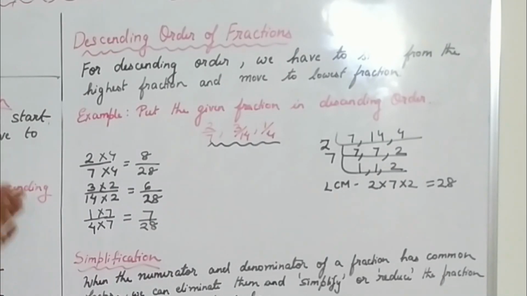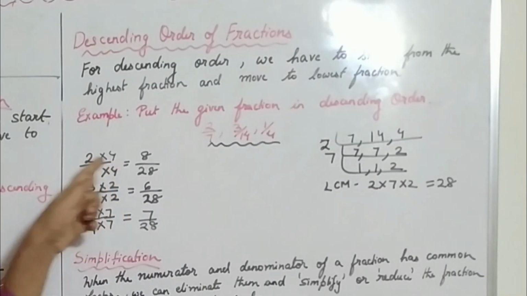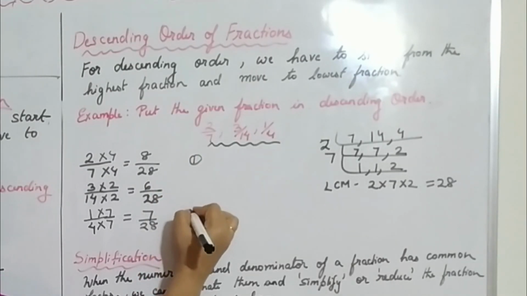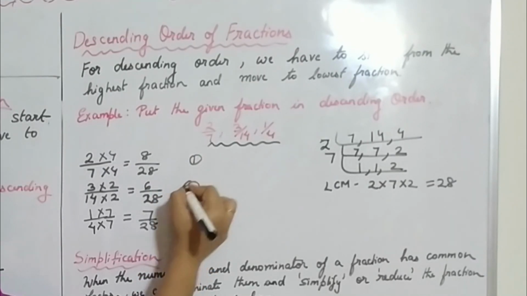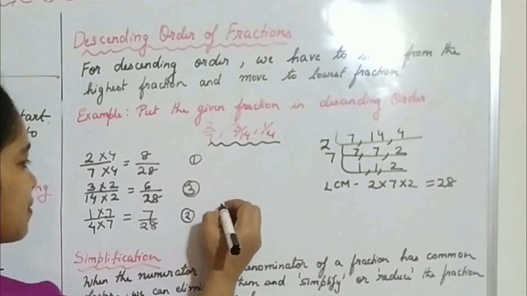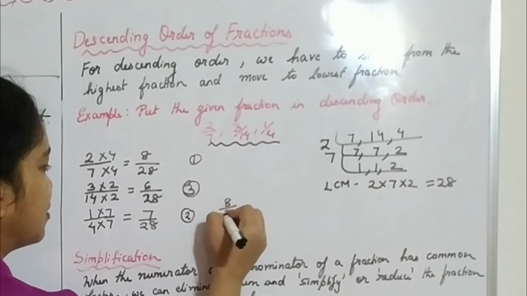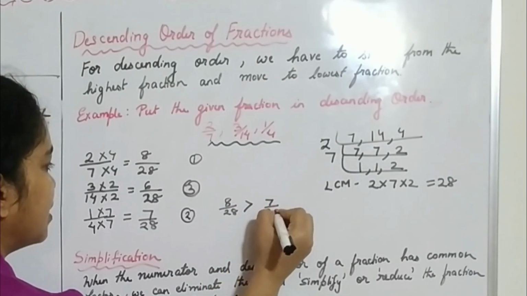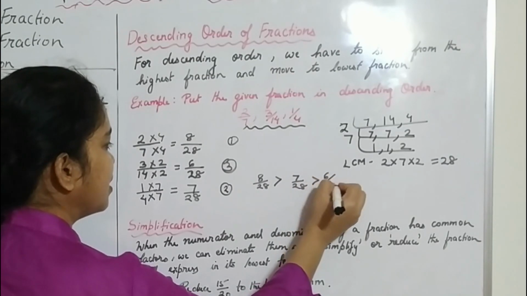So you can see very clearly that this one is the highest, then comes second this one, and then comes third this one. So you have to arrange them in descending order. Descending order goes from highest to lowest. So 8 by 28 is greater, then 7 by 28, then 6 by 28.